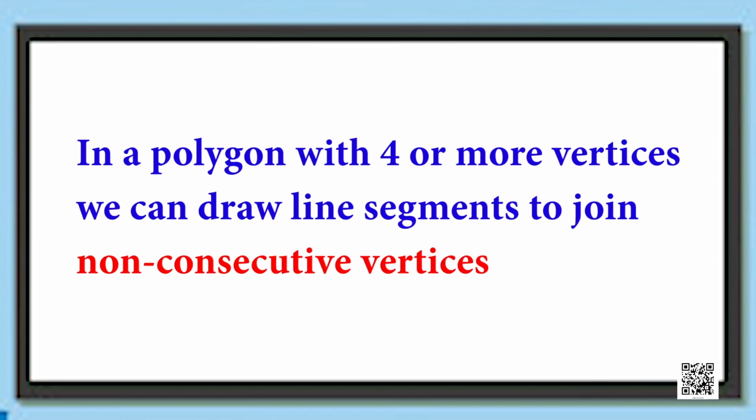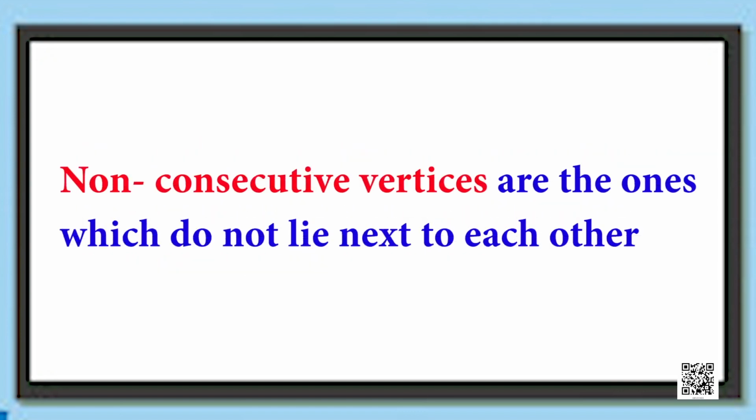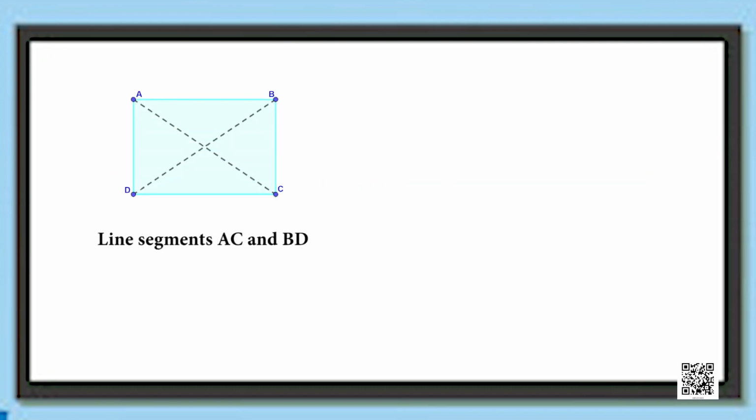In any polygon having 4 or more vertices, we can join any two non-consecutive vertices using a line segment. What are non-consecutive vertices? Two vertices in a polygon which are not next to each other or which do not continuously come after one another are called non-consecutive vertices. In the quadrilateral ABCD, line segments AC and BD.